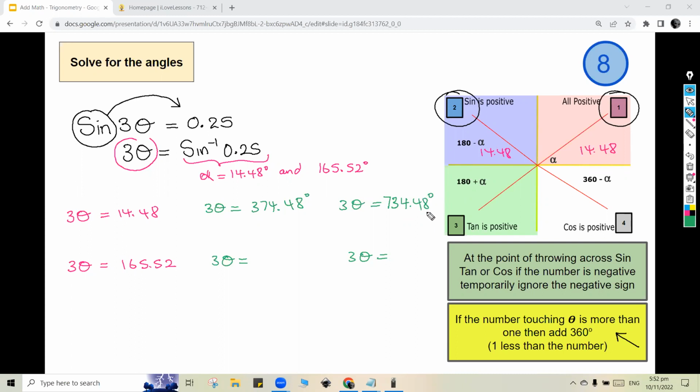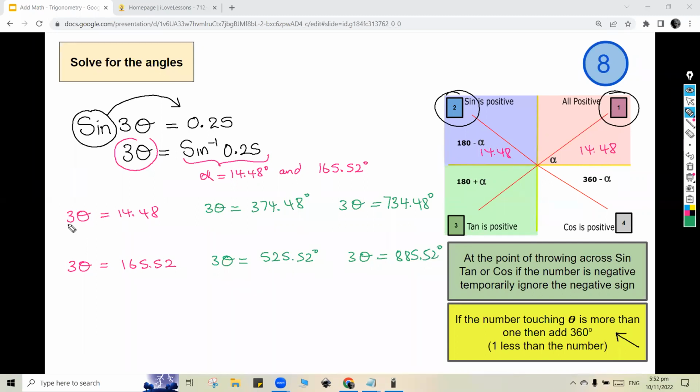Make sure you're physically seeing it. To this one, add 360. 165.52 plus 360, we get 525.52. And then add 360 to this answer now. Make sure you're seeing it, right?